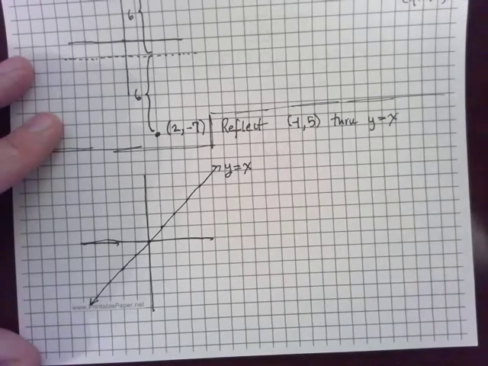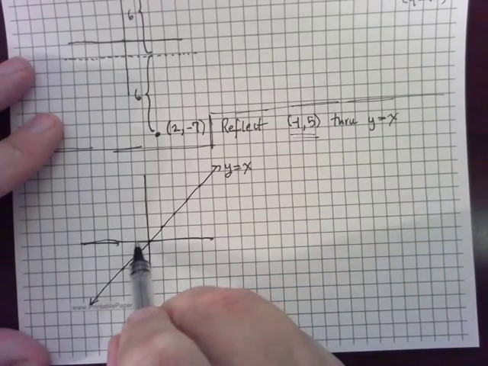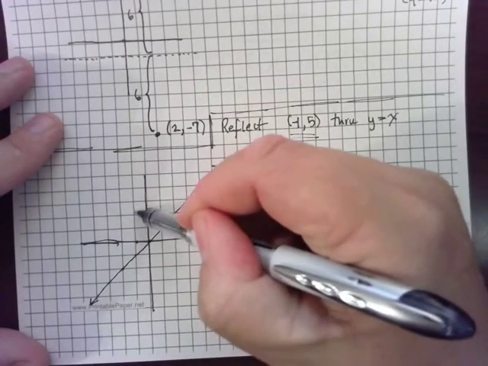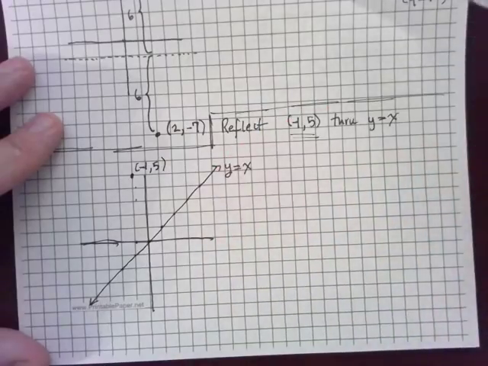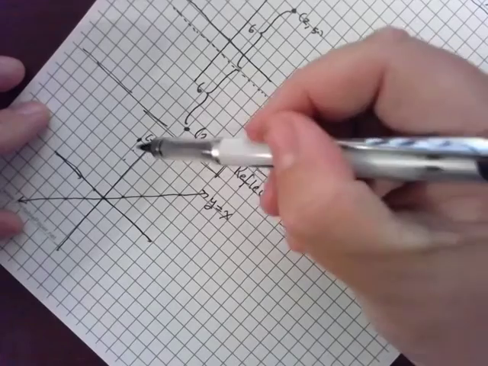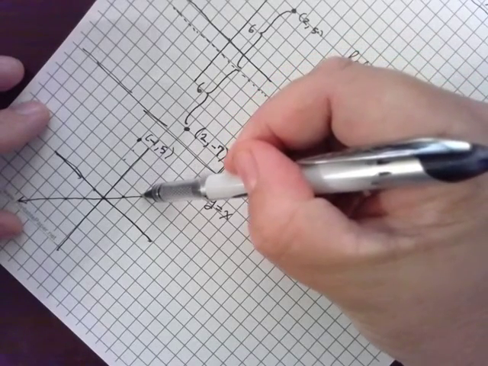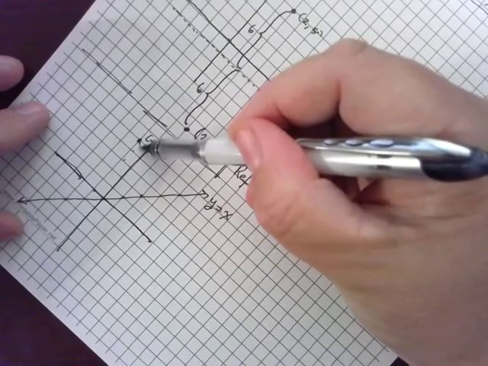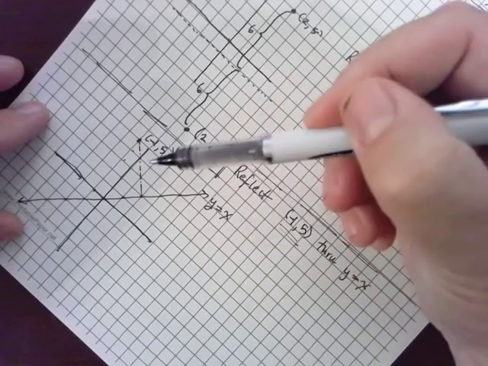This is a very important reflection for pre-calculus, so I'm including this. The principle is the same. I'm going to reflect -1, 5. There's -1, 5 right there. And here, to see the correct thing, I'm going to turn it on the side, and I'm going to count, but now I'm counting diagonals to see how far from the line. If I look here, this is 3 diagonals away from the mirror line.